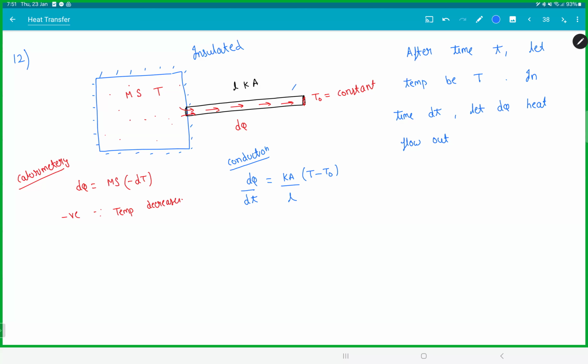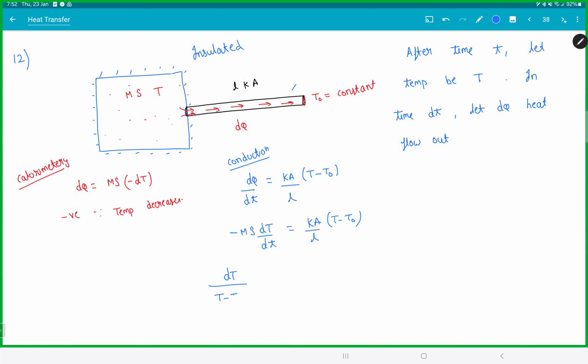I think you forgot the minus in that dq. Got it? Now take this dq and substitute here. So this is minus ms dT by dt is equal to Ka by L into T minus T naught.